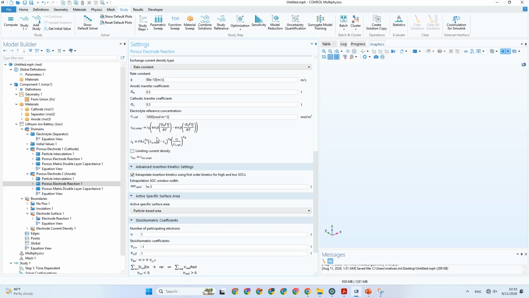We can uncheck this box or untick this box.